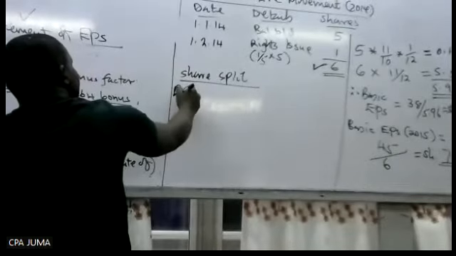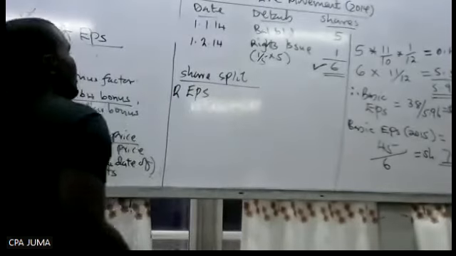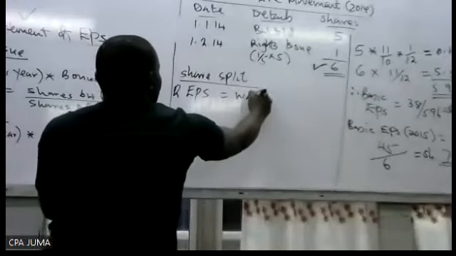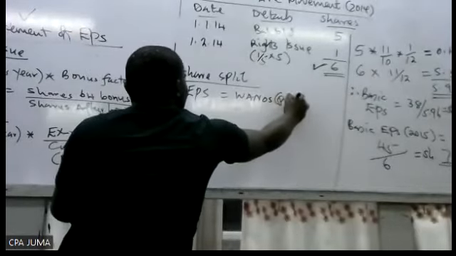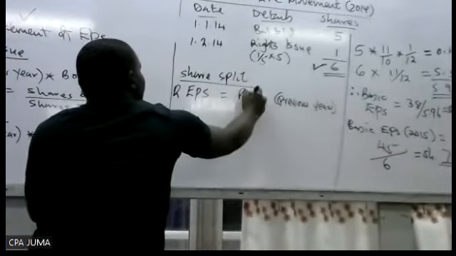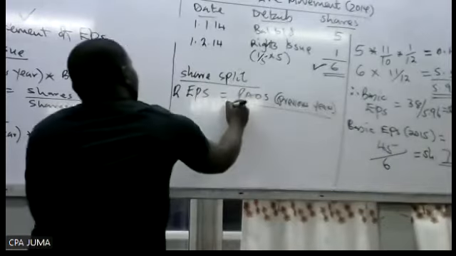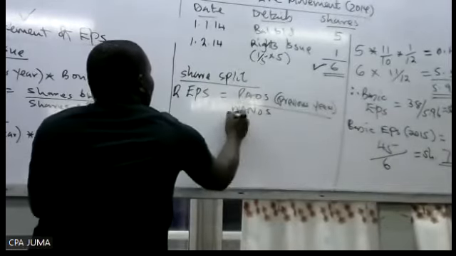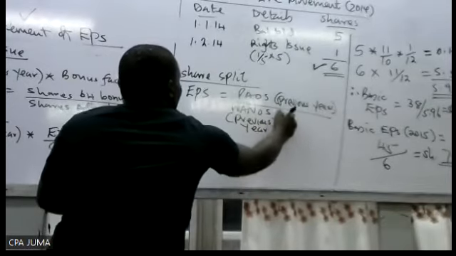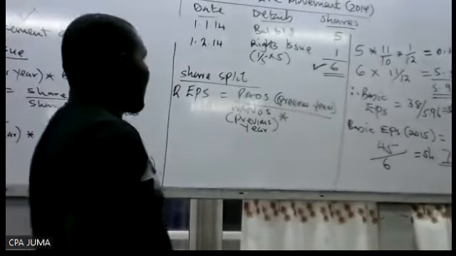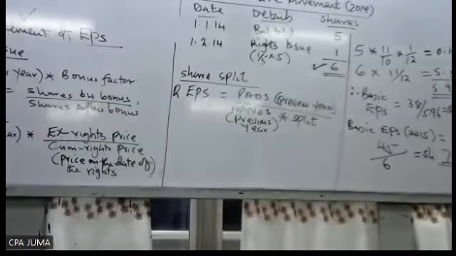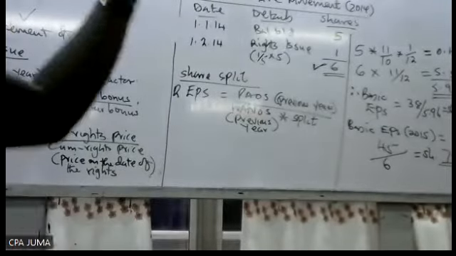So restated EPS: you take the EPS of the previous year, divided by... sorry, not one-offs, but the EPS of the previous year, you divide by the split. You multiply times the split. So if the split is 1 for 2, you multiply by 2.